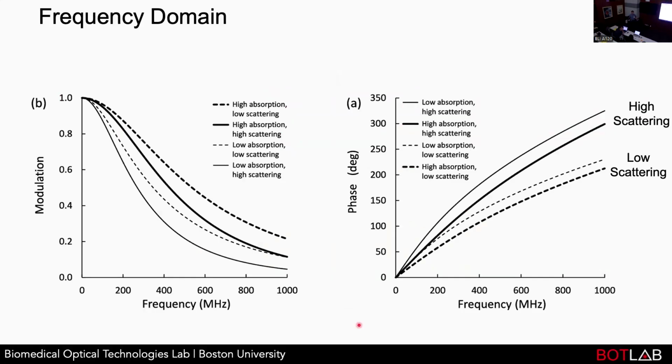And if we look at our same set of curves, but this time we have two of them. One is for modulation. So this is how much the sinusoidal signal decreases at our detector position. And the other is for phase. We see some relationships here, but they're a little bit complicated. We see that modulation rolls off with frequency.